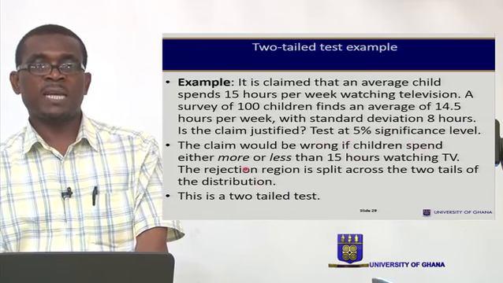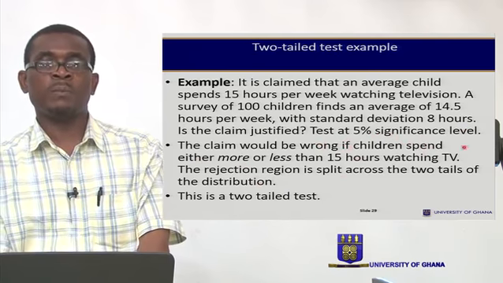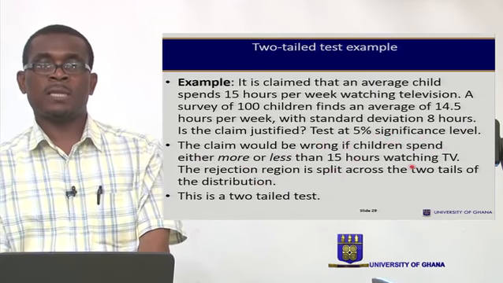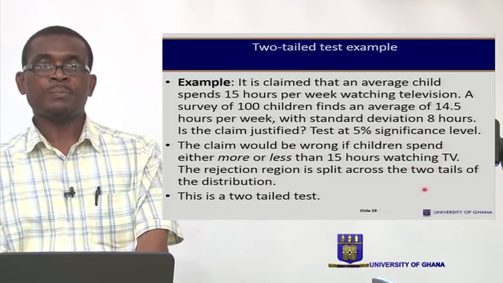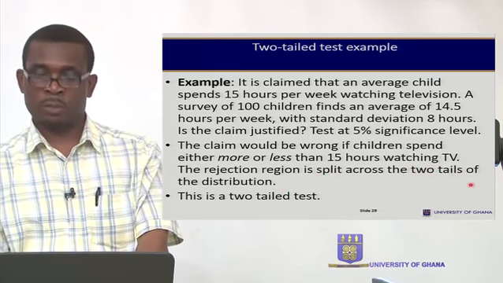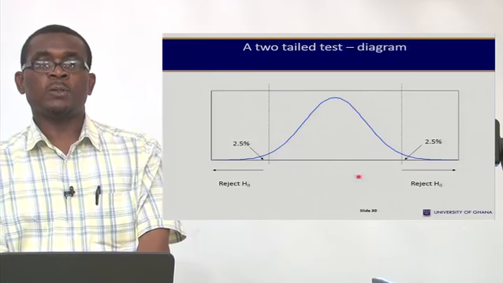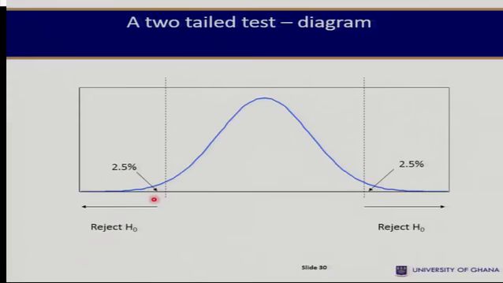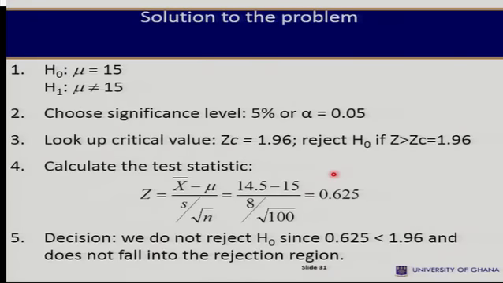Now, we want to emphasize that the claim would be wrong if children spend either more or less than 15 hours. So the rejection region is split across the two tails of the distribution. Since we are testing at 5% and it is two-tailed, we need to split it 2.5% apiece. Now, for the 2.5% apiece, it means that the z value should be 1.96, right?